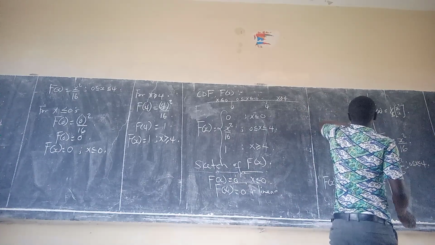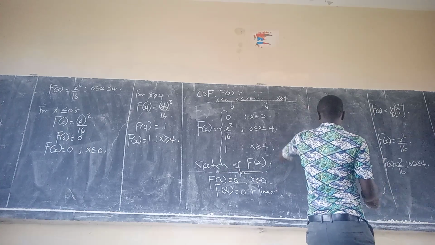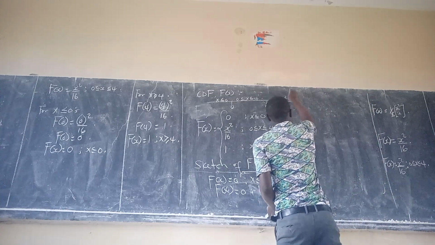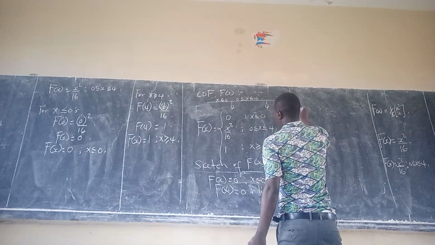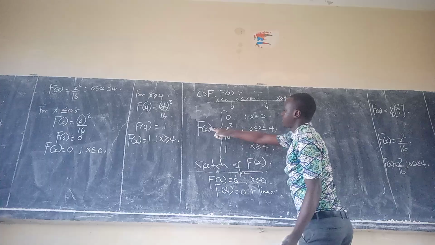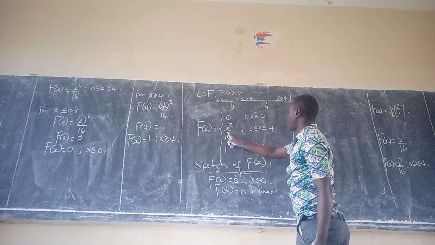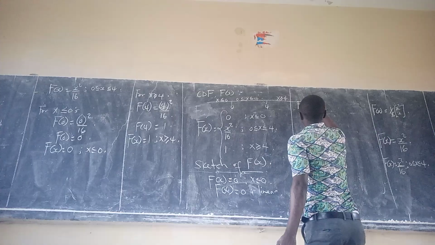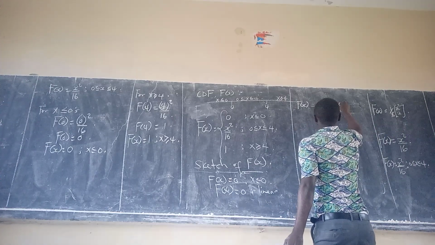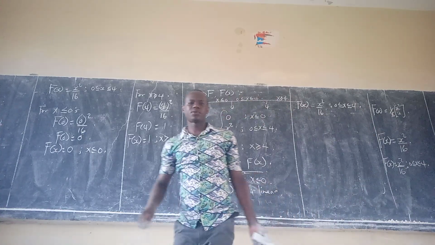The next one is the capital F of x is equal to, for the next function, we are identifying F of x in different intervals. It is this for this interval. It is this one for that interval. So it is x squared over 16 for the interval where x runs from 0 to 4.